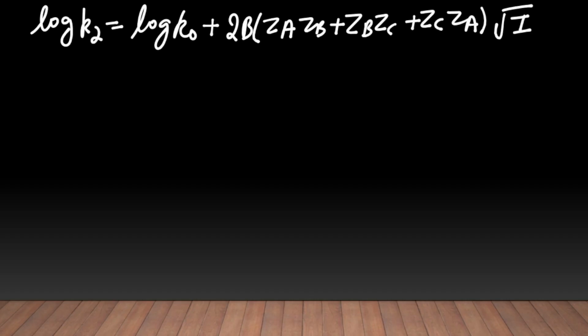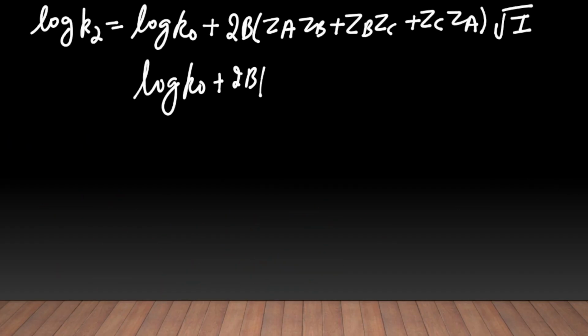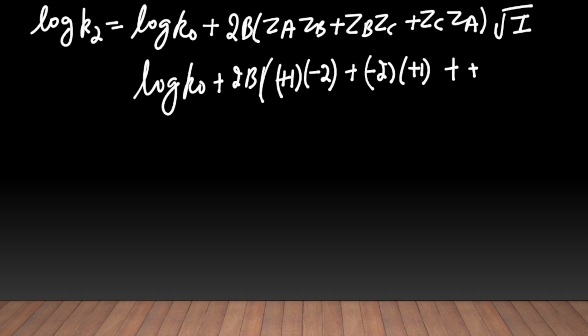Now ionic strength is 9, so we substitute the charges: plus 1, minus 2, plus 1 into minus 2, plus minus 2 into plus 1, plus plus 1 into plus 1, into the root of 9.